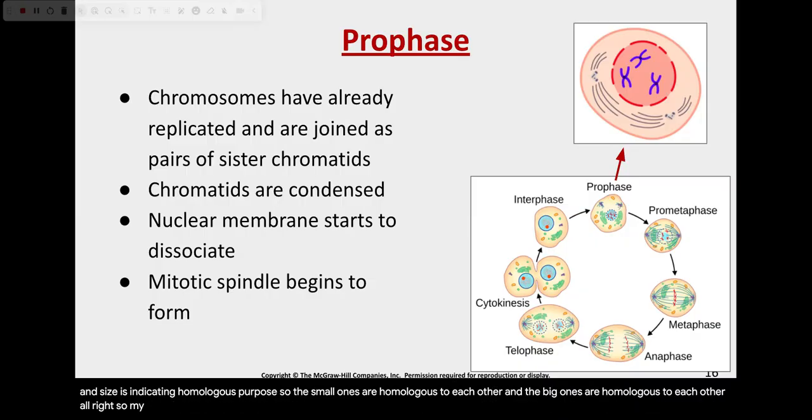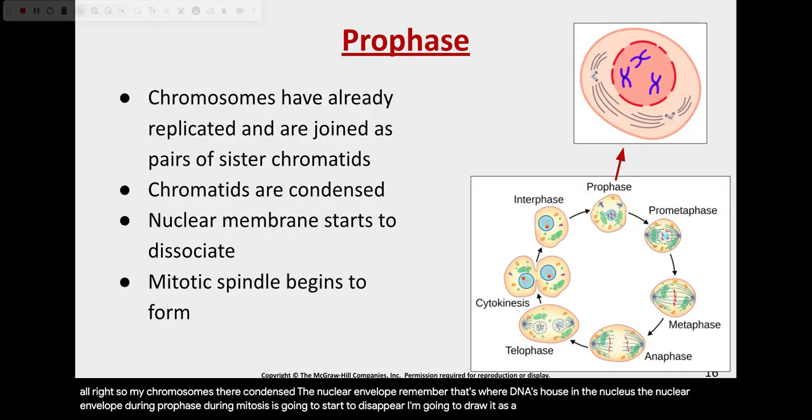All right, so my chromosomes are condensed. The nuclear envelope, remember that's where DNA is housed, in the nucleus. The nuclear envelope, during prophase, during mitosis, is going to start to disappear. So I'm going to draw it as a dashed line. That nuclear envelope is starting to disintegrate.